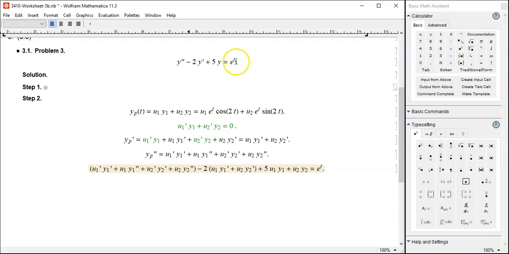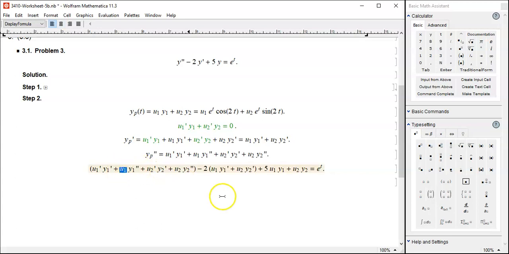We'll have to use the fact that y1 and y2 satisfy the homogeneous equation, so the left-hand side is equal to 0 if you replace it with y1. Let's see how I get that.